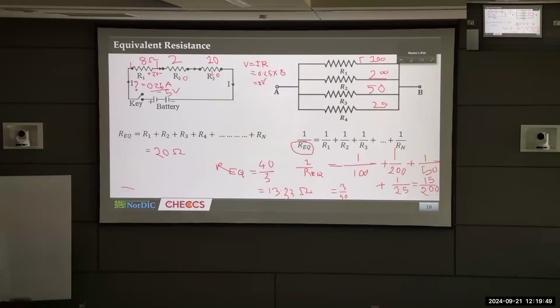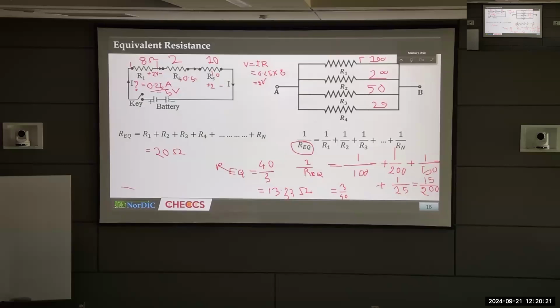So the voltage difference here is 0.5 volt, and for the third resistance it is 2.5 volt, on the same idea.